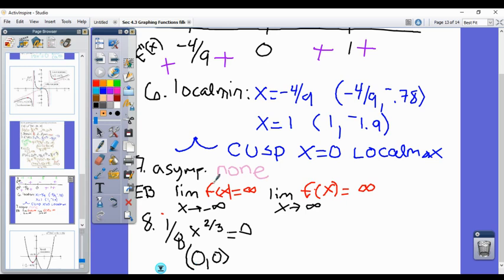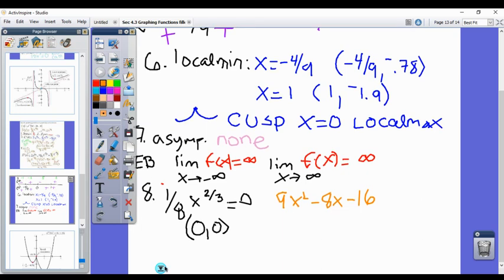Now the other side is going to be a little bit more of a pain, because if you try to factor this, it does not factor. So 9x squared minus 8x minus 16. When we have something that doesn't factor, what do we have to do? The quadratic formula. Yay.